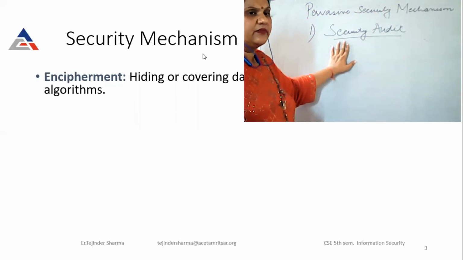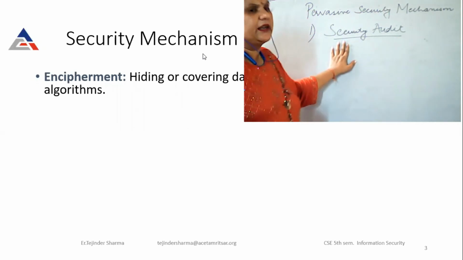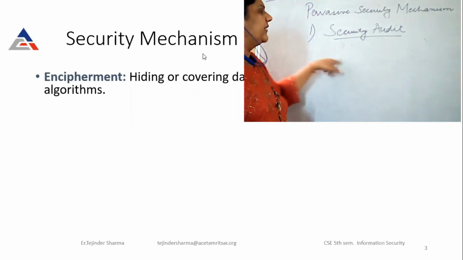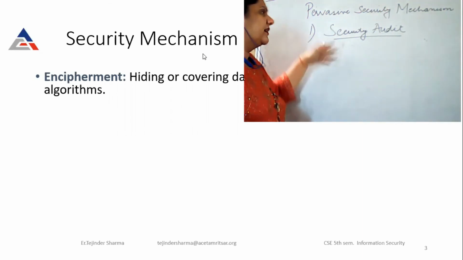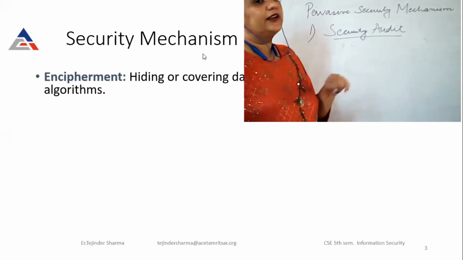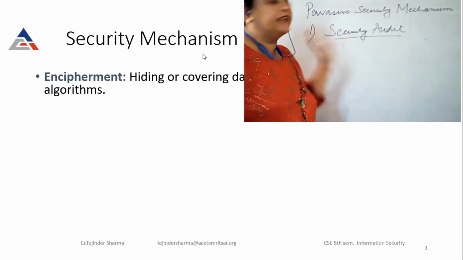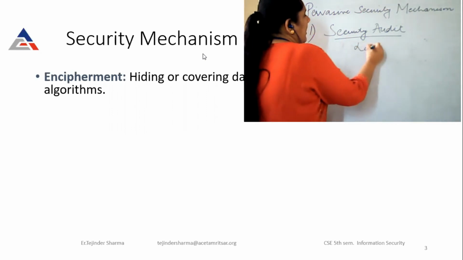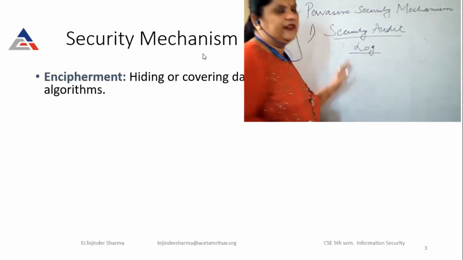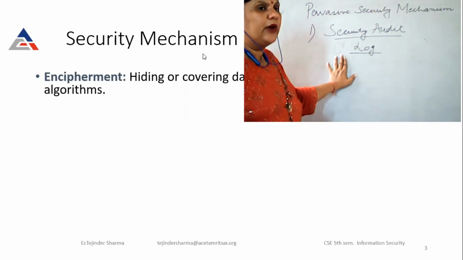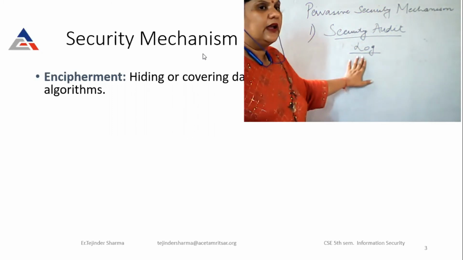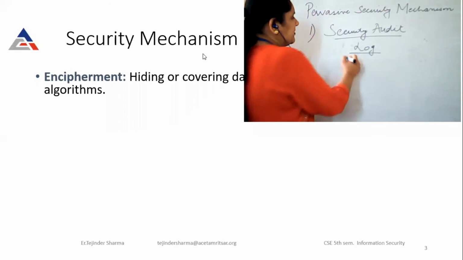Or audit logs, as we have studied in database management, when you learned log-based recovery and so on. That means all the data that is accessed is recorded in the log, right? And these logs are saved on your server, recording who has accessed what at what time, with date and timestamp.